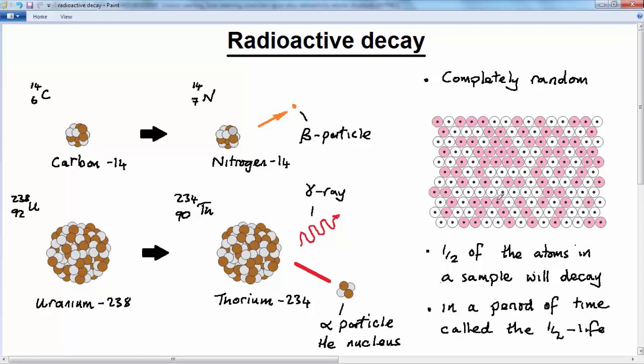We cannot say which ones will decay, and we cannot say when they will decay. We can say with certainty that half of these atoms will decay within the half-life of the isotope. Now this half-life will be different for different elements, so for some it may just be a few seconds, for others it may be hundreds of thousands of years. But we're going to go on and look at that in a later lesson.